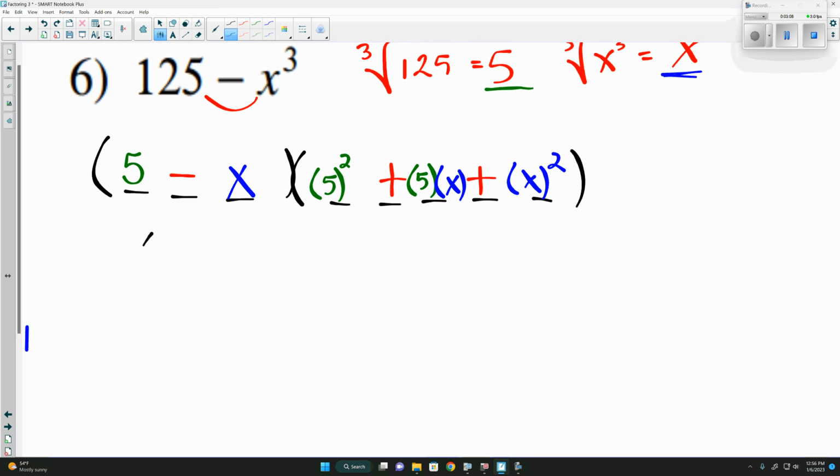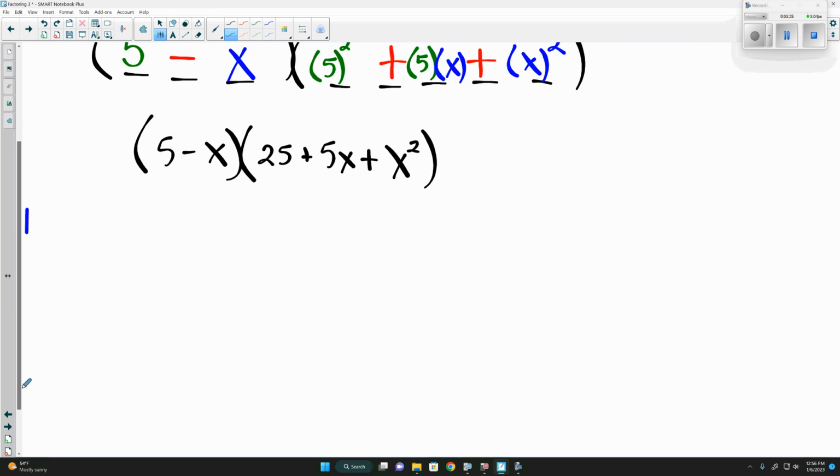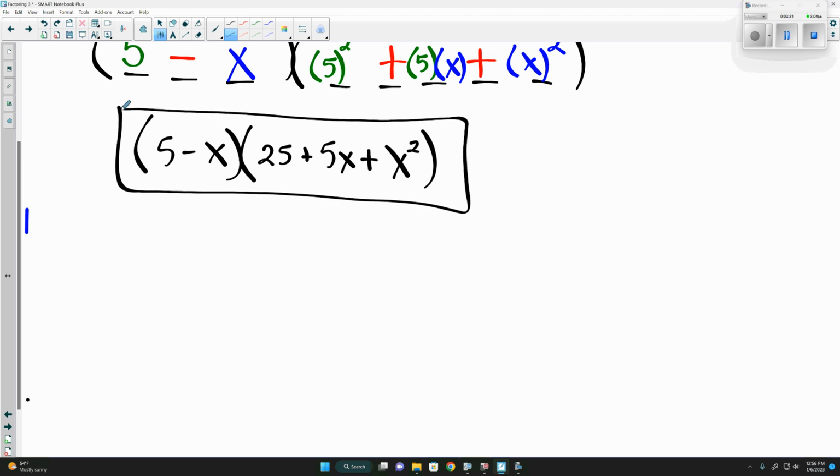Now at this point we can simplify a little bit, so we'd have 5 minus x times, well, 5 squared is 25, plus 5 times x is 5x, plus x squared. And that there would be simplified. So this here is the correct answer, the correct way to factor this.